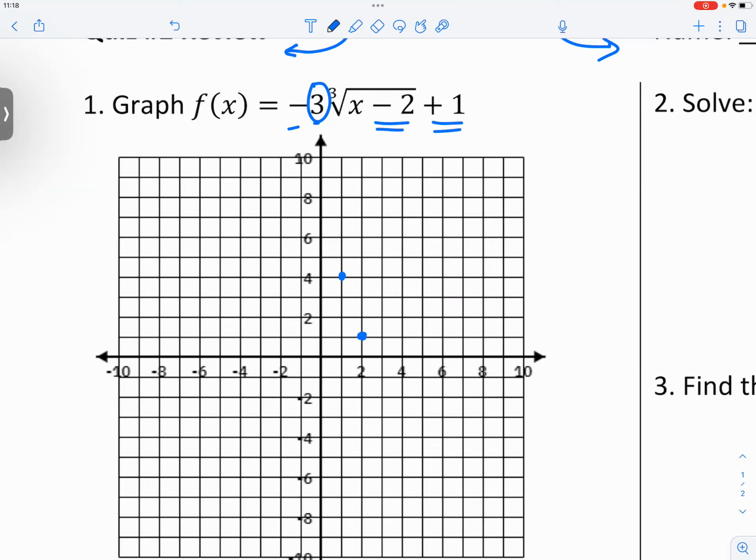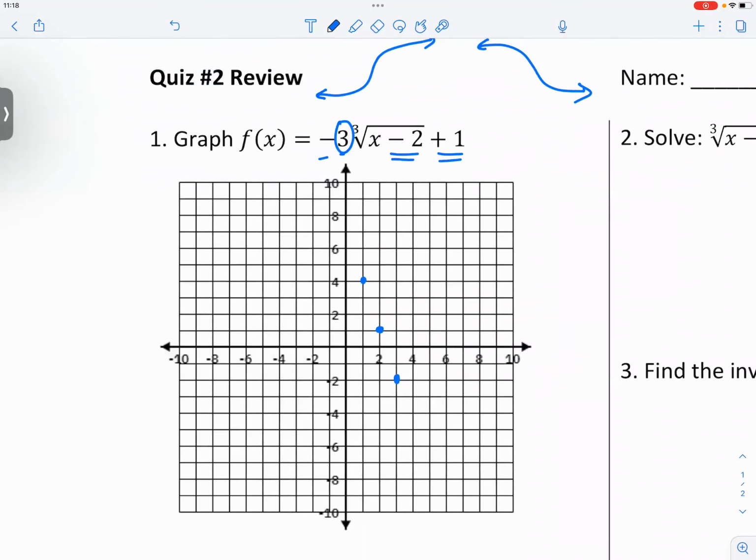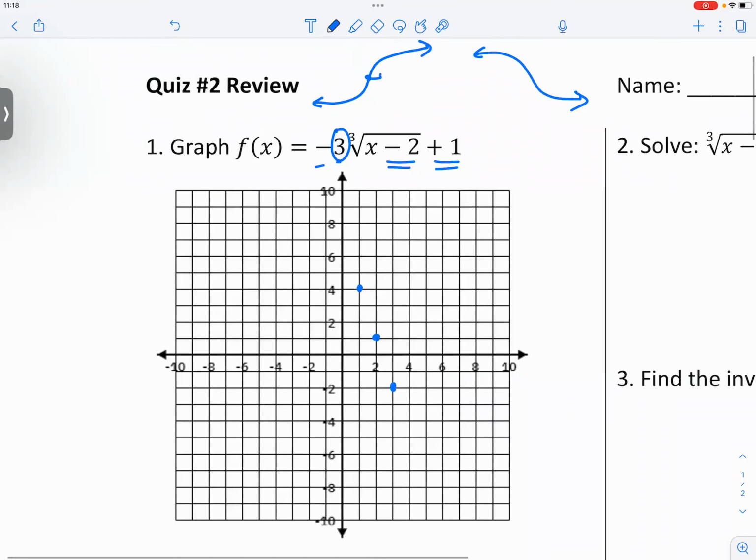When we move to the right, we'll move down 3 units. Okay, so I expect that everyone knows how to do the typical cube root function. Typically, you go right 1, up 1, left 1, down 1, and then you go right 7, up 1, and then left 7, down 1.